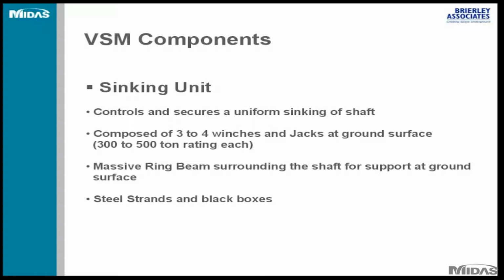This ring beam is not connected to the shaft, so it's a separate unit, but it surrounds the shaft. And then you have what's called the steel strands, or cable basically, and black boxes in which the steel strands are fixed. I will show some drawings to explain all these components.